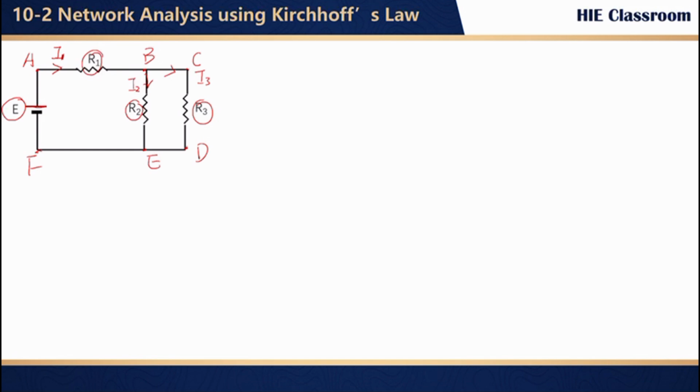We can see that we usually number the current based on the resistor it is involved in. Once we complete all the labeling of current, now let's label the voltage. The first voltage is the battery.